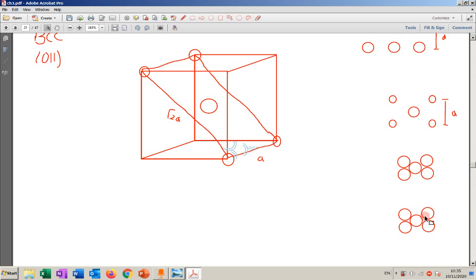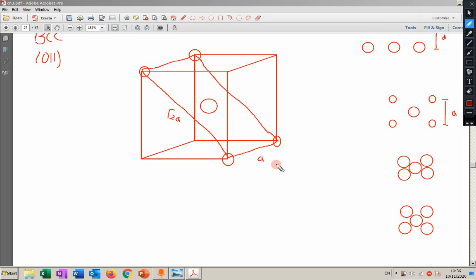And the third possibility that I'm going to place there, let's have them like this. Now, let's say out of these three cases, which one will be the possible arrangement of atoms that we have here?